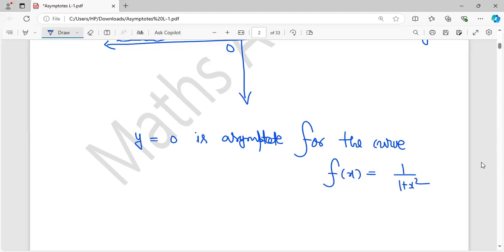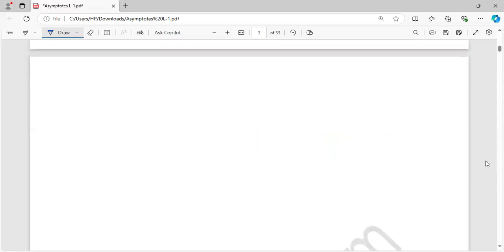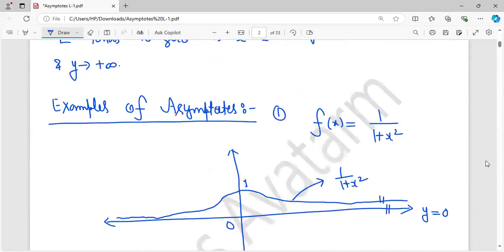Curve means you draw its picture, that is the curve. Okay, this is the function. So this is the asymptote.